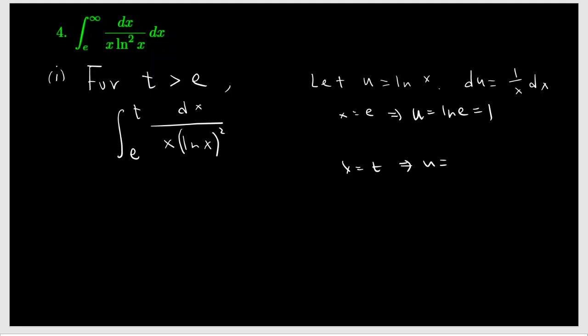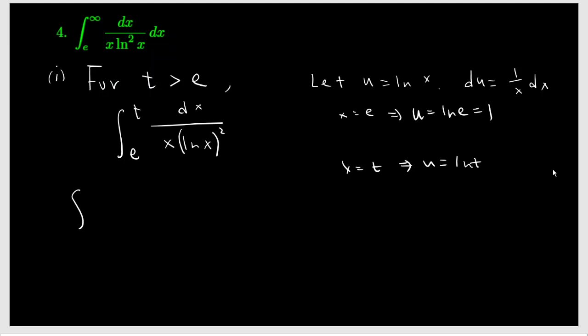Okay. The x value of t will give you the u value of natural log of t, right? The relation of u and x is here. I guess now we are ready to convert the integral to a new integral of u.